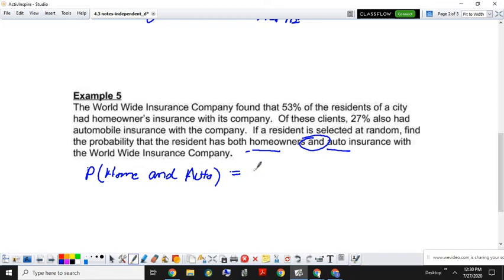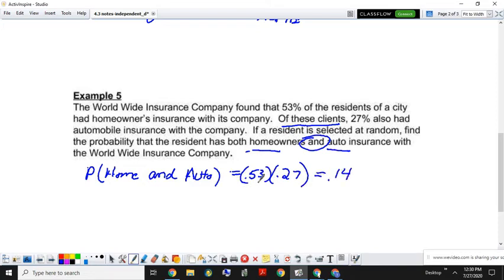Probability of home was 53%. Probability of auto, of the ones that had the home, was 27%. Multiply them together and you end up with 14%.